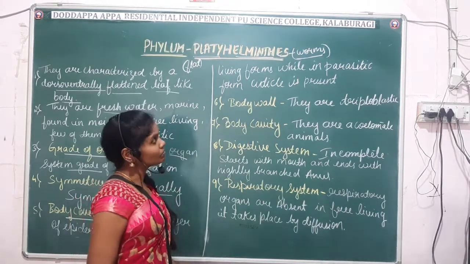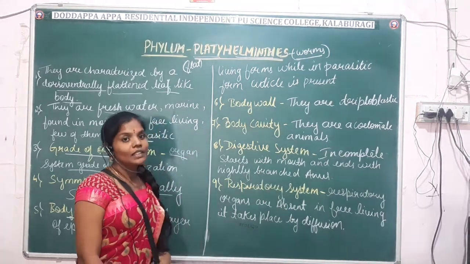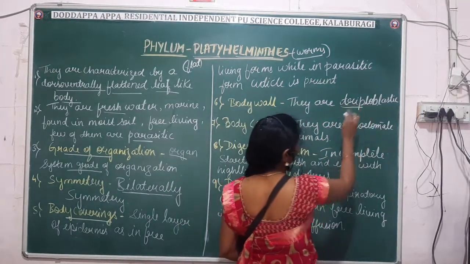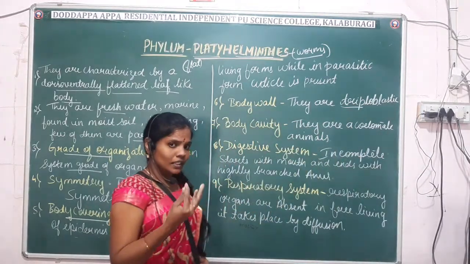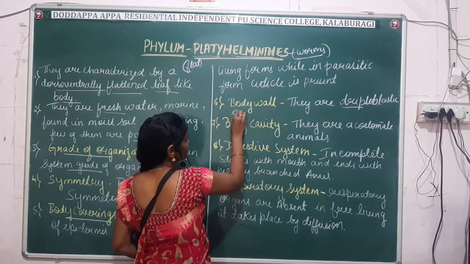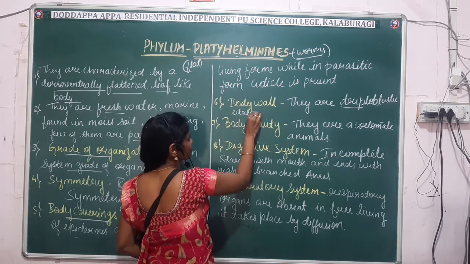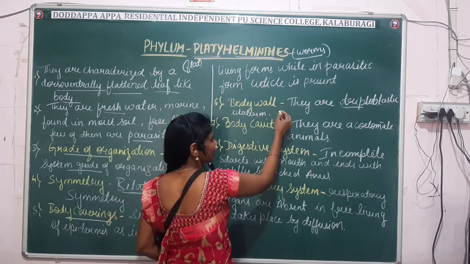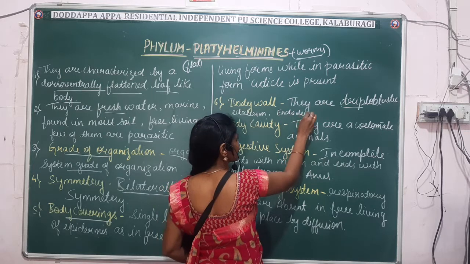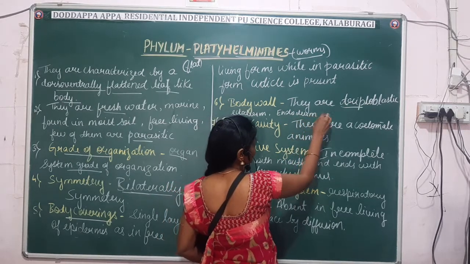Platyhelminthes are triploblastic animals. You already know what triploblastic means. They are made up of three germ layers: outer ectoderm, inner endoderm, and middle mesoderm.